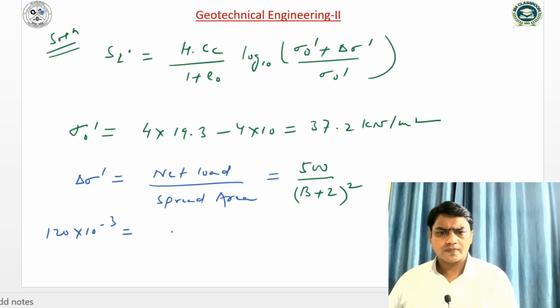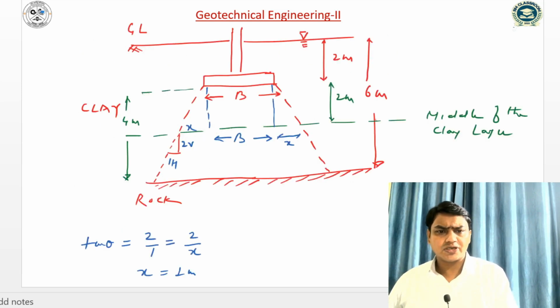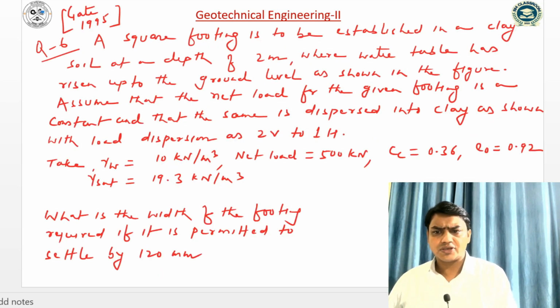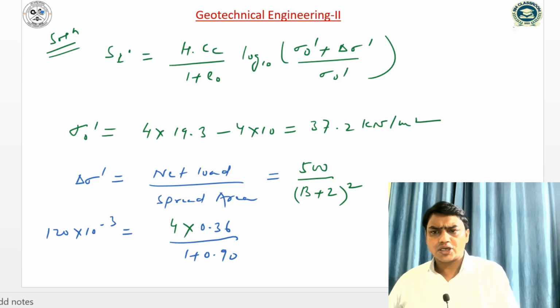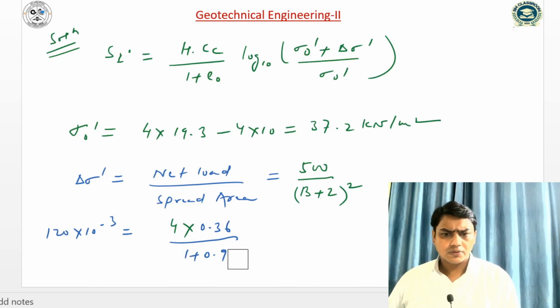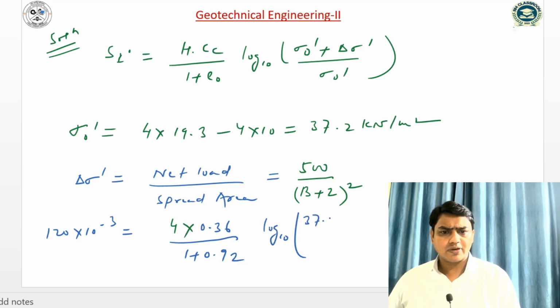So 4 into Cc, compression index is 0.36, divided by 1 plus 0.9, initial void ratio is 0.92, log to the base 10 of sigma 0 dash, that is 37.2 plus 500 divided by b plus 2 square, divided by 37.2.